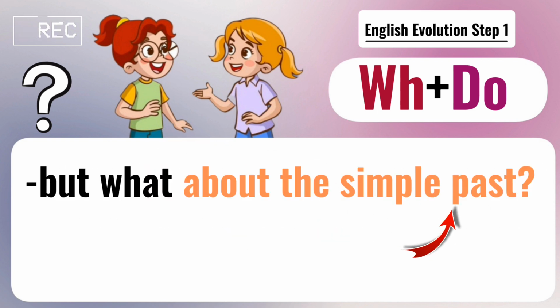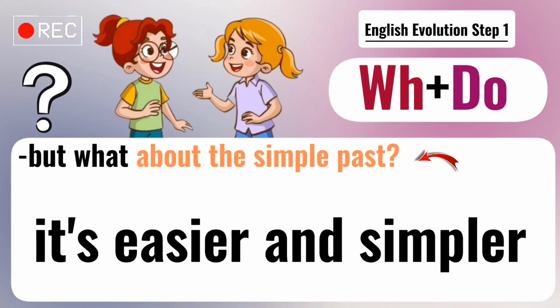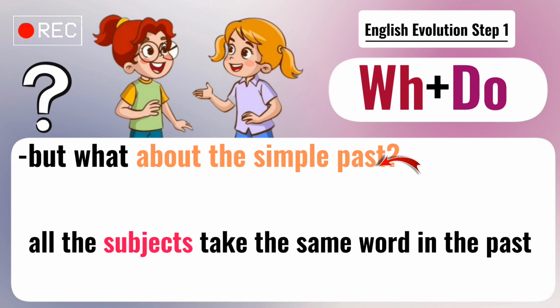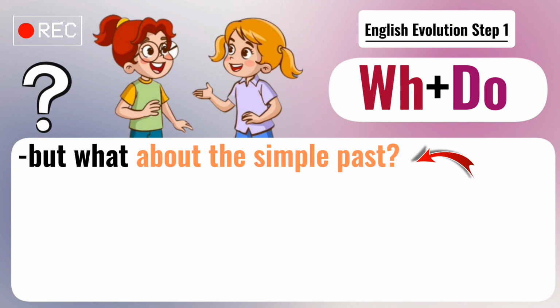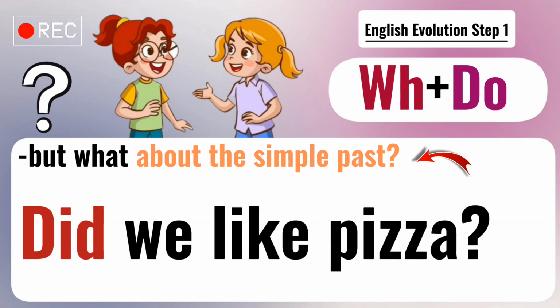But what about the simple past? For the simple past, it's easier and simpler. All the subjects take the same word in the past. Like this. Did I like pizza? Did we like pizza?